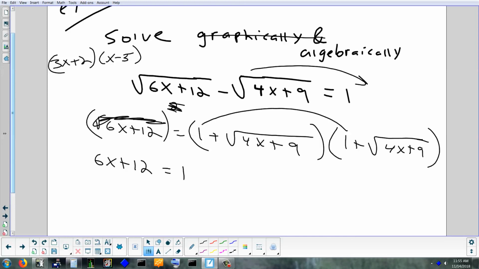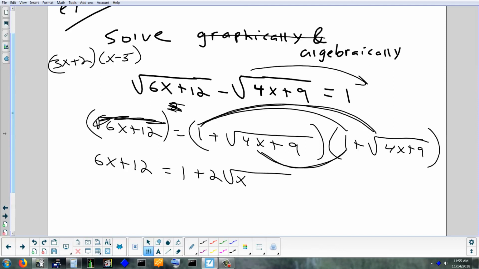We have 1 times the square root of 4x plus 9, we have another 1 times the square root of 4x plus 9. So how many square root of 4x plus 9s is that? 2 of them. So you have 1 times something, 1 times the same something. That means you have 2 of the somethings. So 2 of the square root of 4x plus 9.